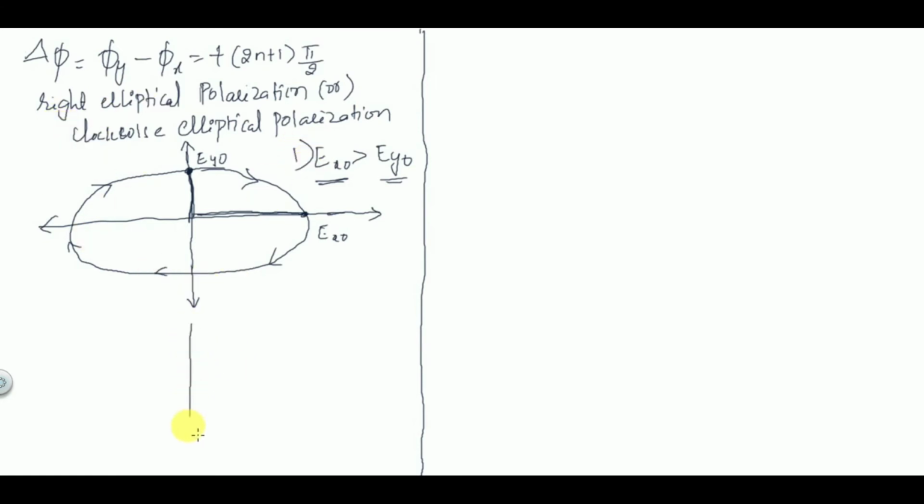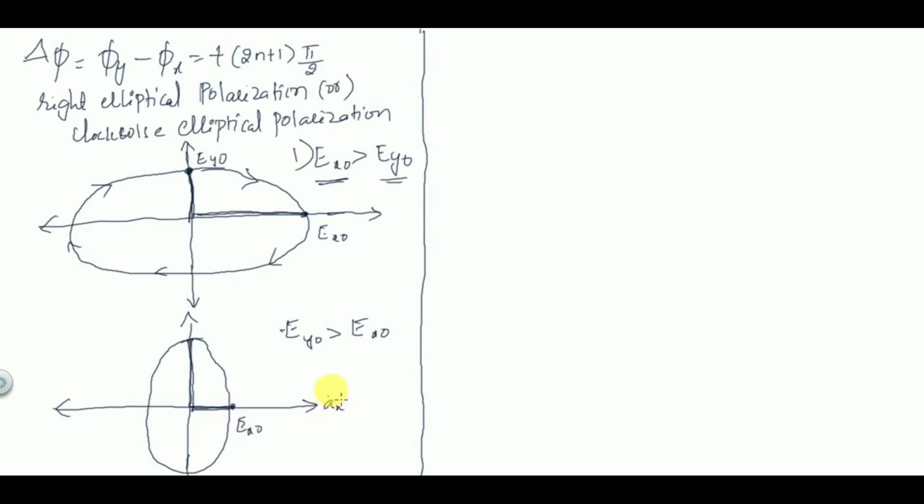The second case will be like this. This happens when Ey0 is greater than Ex0. So this is more when compared to this, which you can see just by looking. This is Ex0, the intercept on the x-axis, that is Ax cap along the x direction, and the intercept along the y-axis, that is Ay cap, is Ey0.